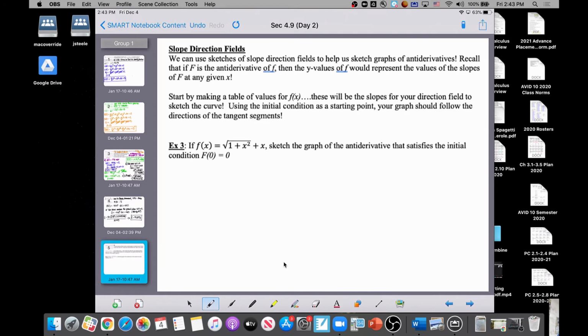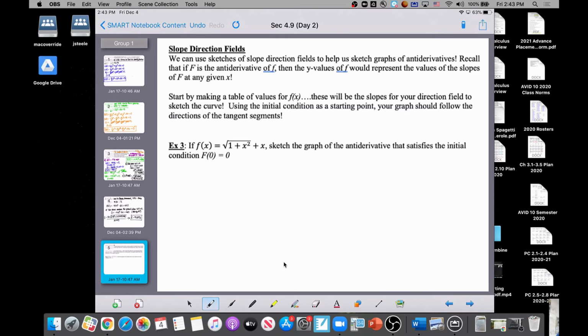We're going to change gears a little bit now, and we're going to talk about slope direction fields. Now, slope direction fields are still an application of antiderivatives, but basically the idea here is that you can use a sketch of a slope direction field to help us sketch what a graph of an antiderivative would look like.